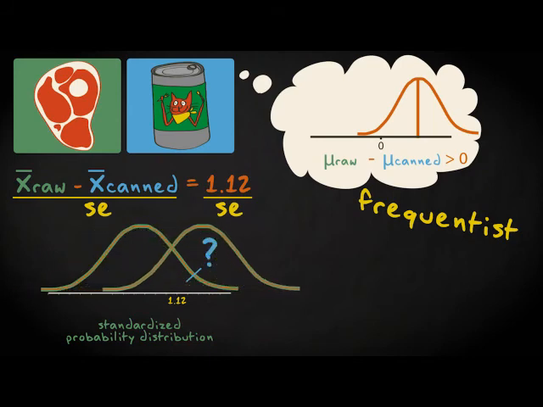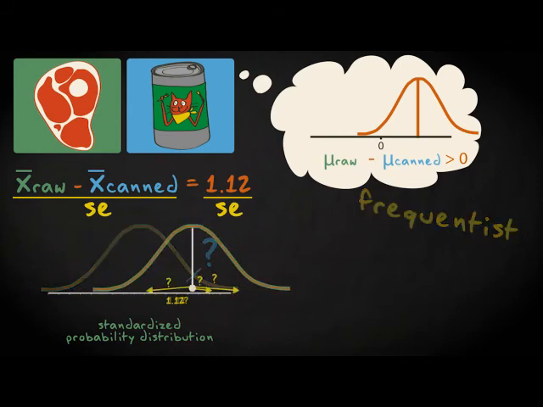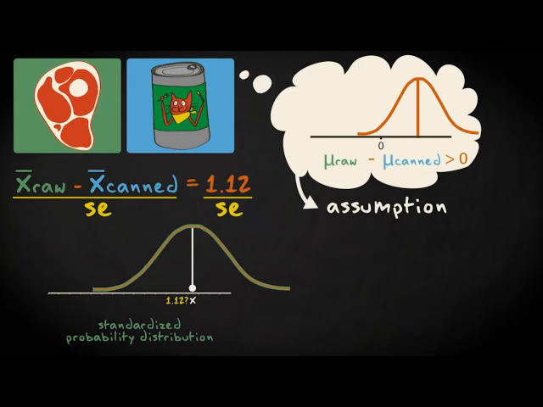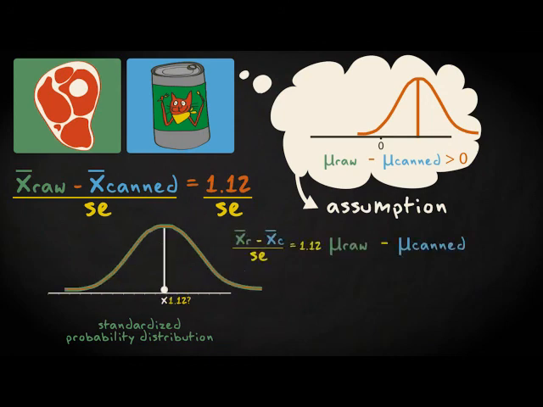We know the shape and scale, but not the location, which is determined by the population mean. The only way to pin it down is to make assumptions about its exact location, which means, at best, we can calculate the probability of finding a sample difference of 1.12, assuming the true population value is exactly X.